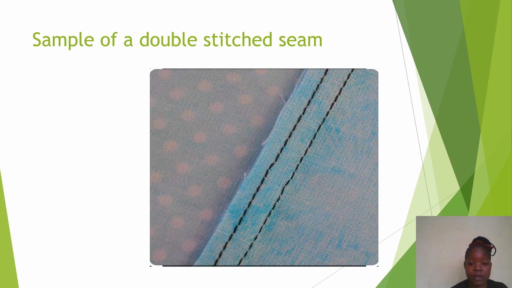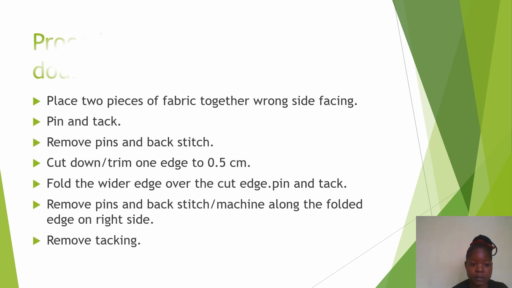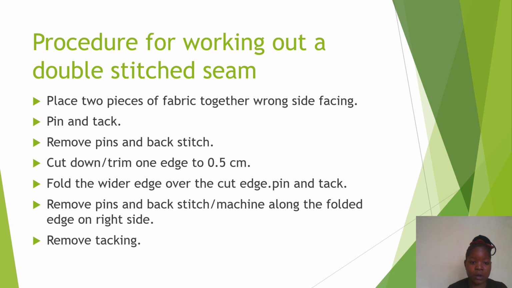Then next, let me go through the procedure for working out a double stitch seam. Number 1, you place two pieces of fabric together, wrong sides facing, pin and tack along the stitching line, remove pins and back stitch, or if you don't want to back stitch, you may use machine stitching.